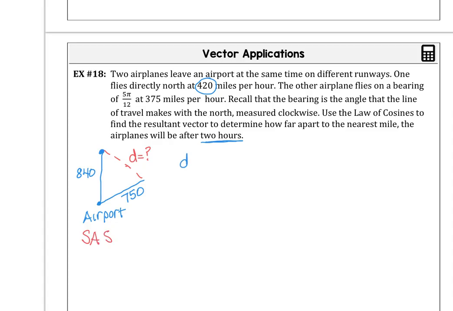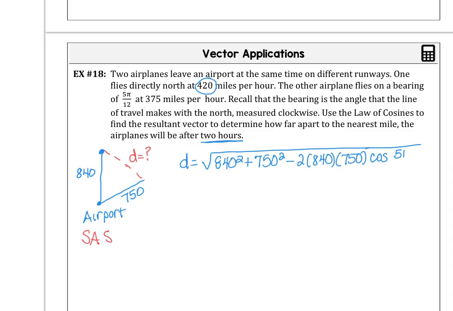So that formula is the law of cosines: 840 squared plus 750 squared minus 2 times 840 times 750 times the cosine of the angle between them, 5 pi over 12. That was our angle.